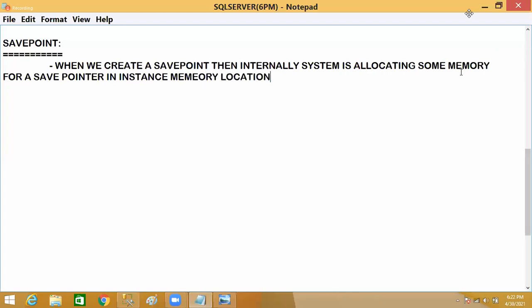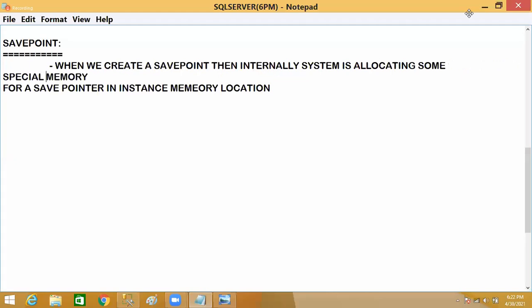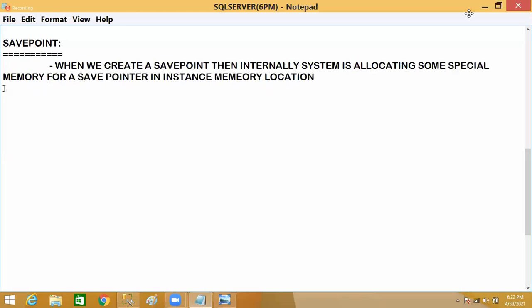That means some special memory, allocating some special memory for a savepoint. Allocating memory in the instance memory location.